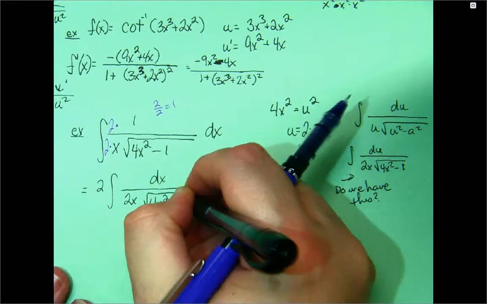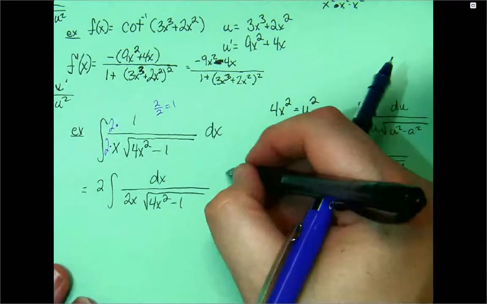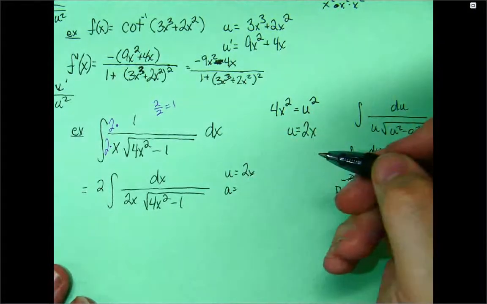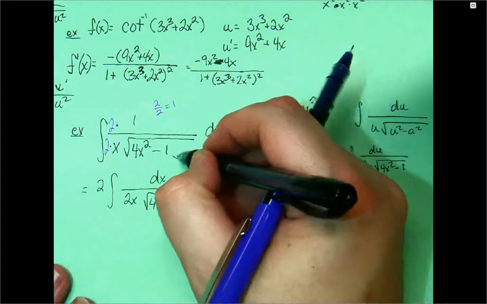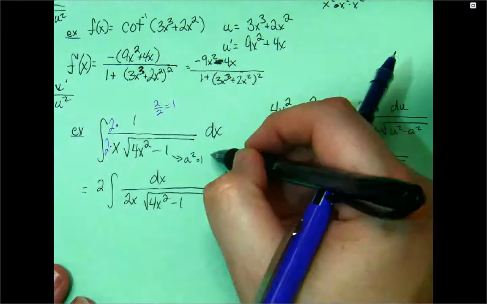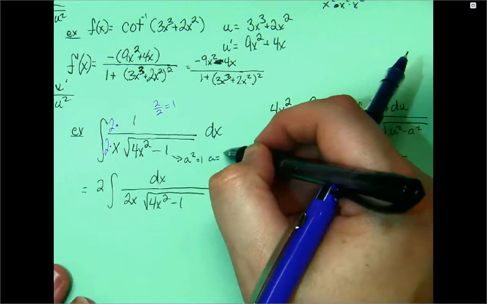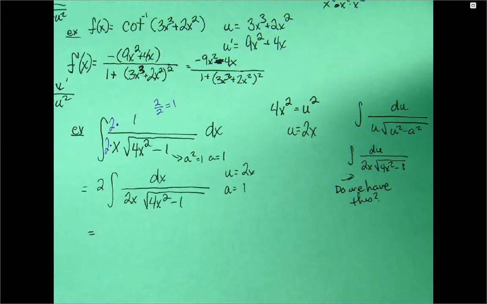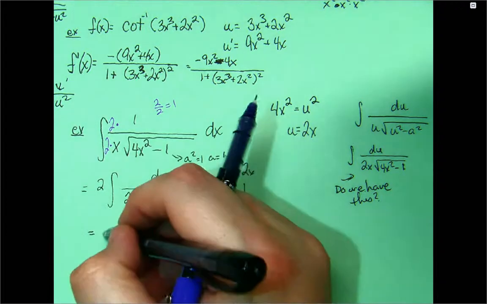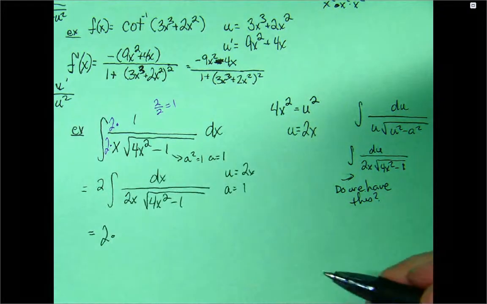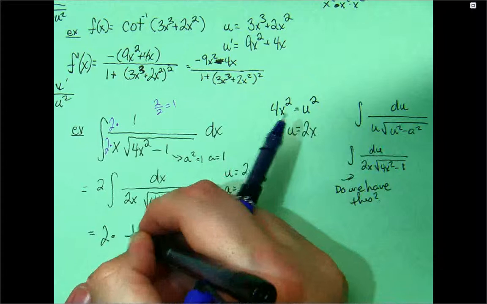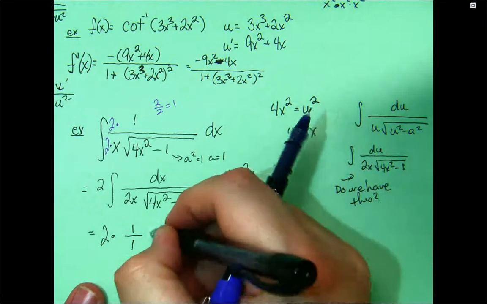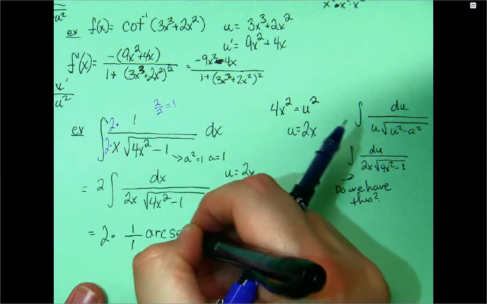I already know my u is 2x. What's my a? Remember, right here is a squared. A squared is equal to 1, so a is equal to 1. So now it's just an application of the rule. It's going to be 2 times 1 over a, so 1 over 1, times the arcsecant of the absolute value of u.